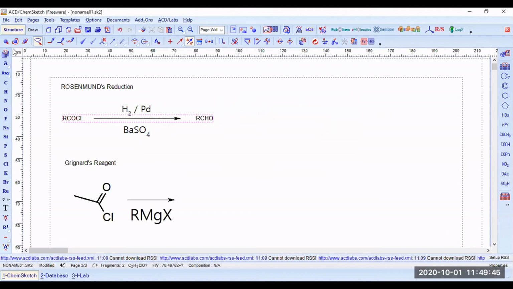Now R is having negative charge, Mg is having positive charge. Now what will happen?